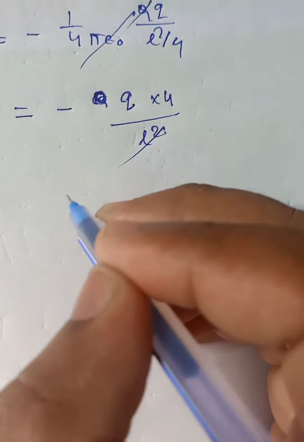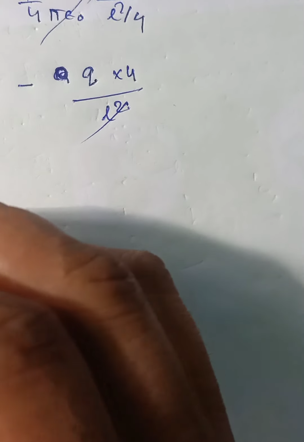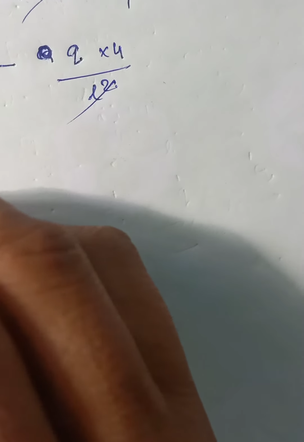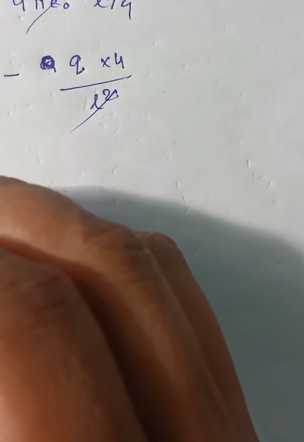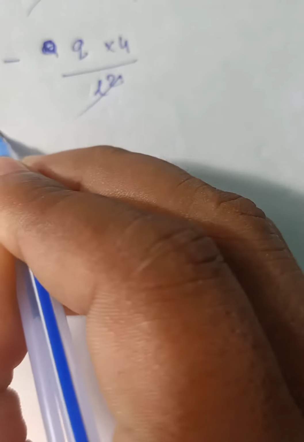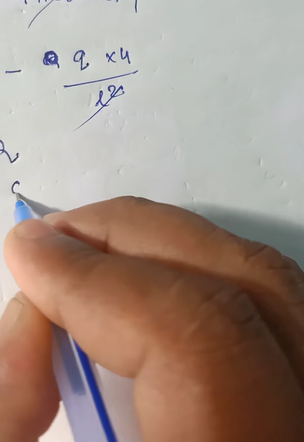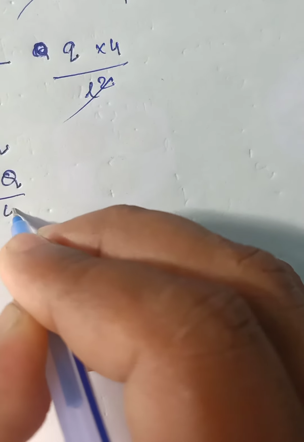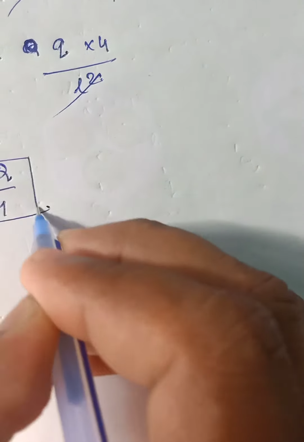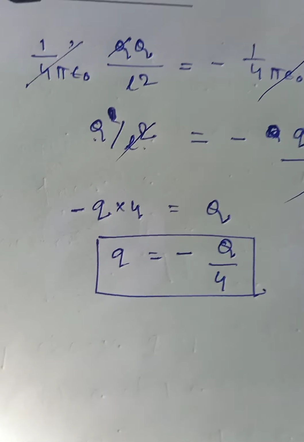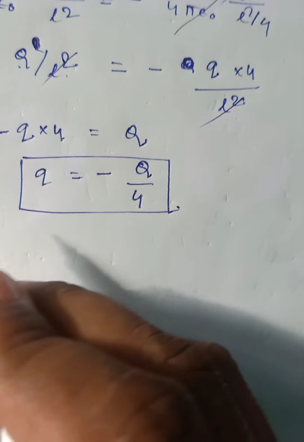So L square cancels. So minus q into 4 is equal to capital Q, that is small q is equal to minus capital Q divided by 4.